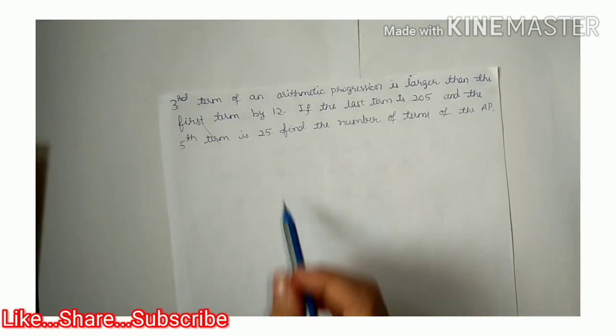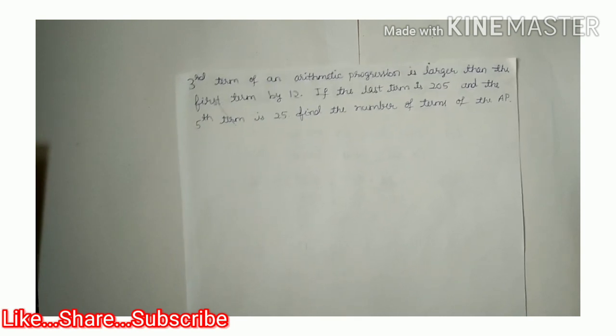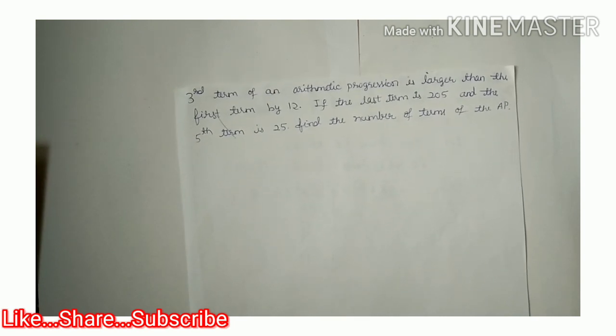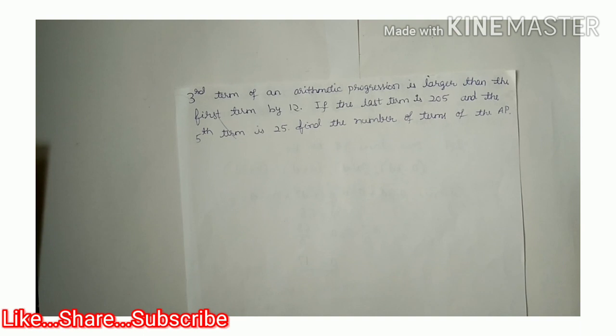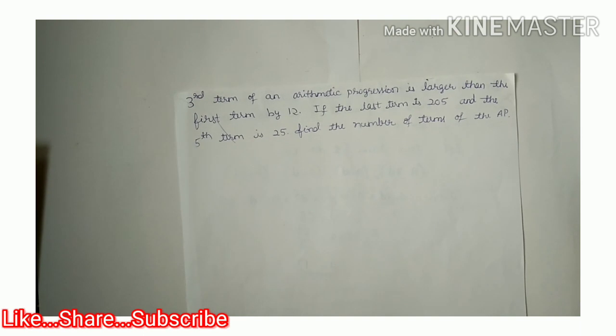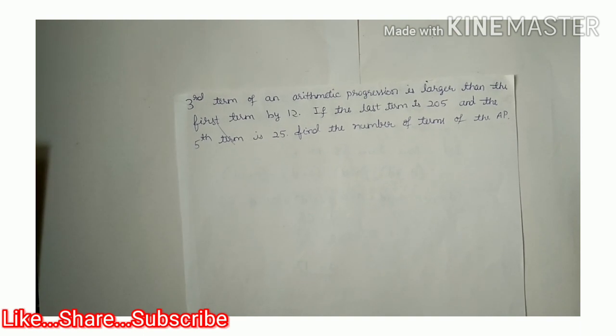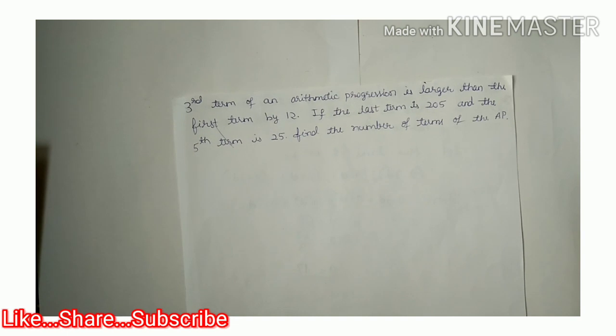Next example: the third term of an arithmetic progression is larger than the first term by 12. If the last term is 205 and the fifth term is 25, find the number of terms of the AP.